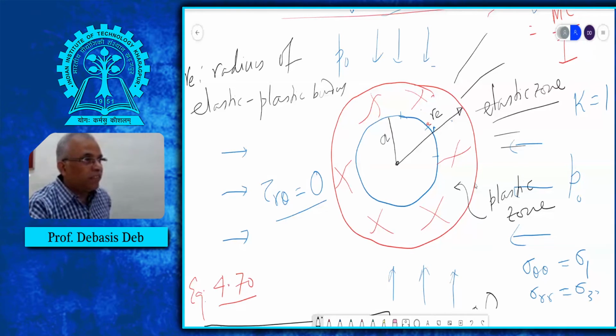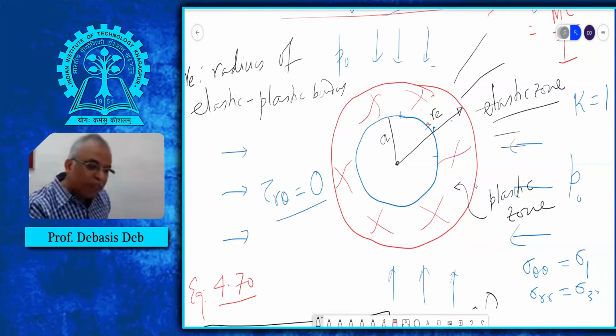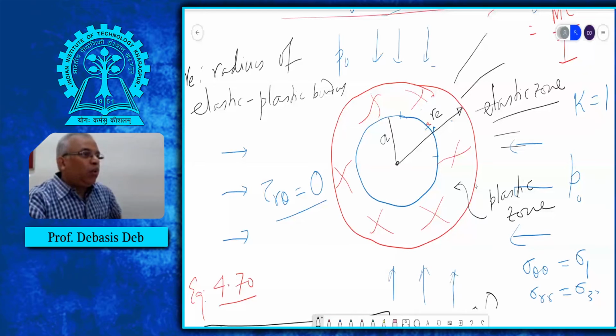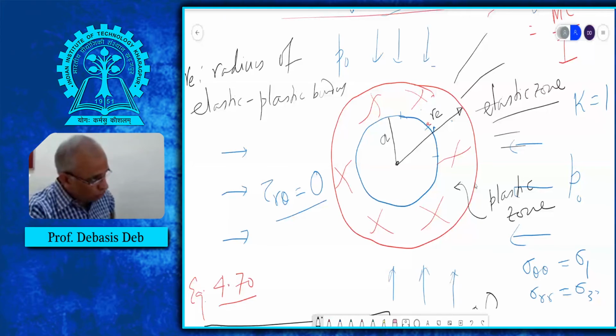So it is clear. Now, for a given material property, do I know what this radius RE will be? How much area or zone will be plastic, so that we have to take care of it?